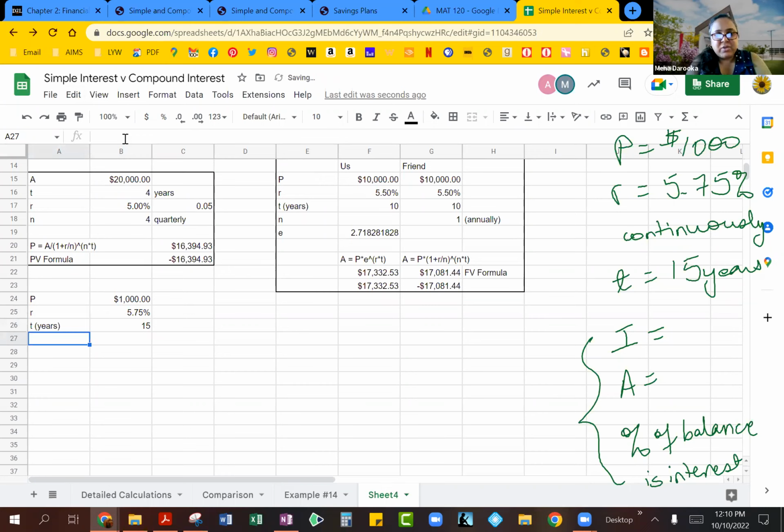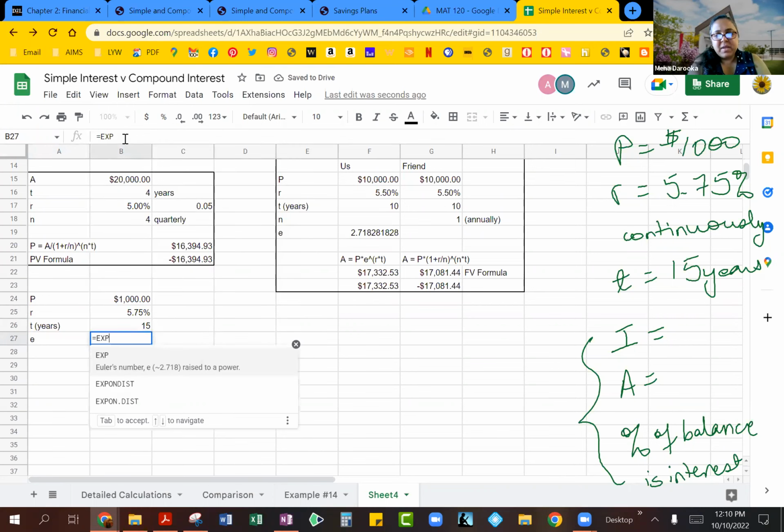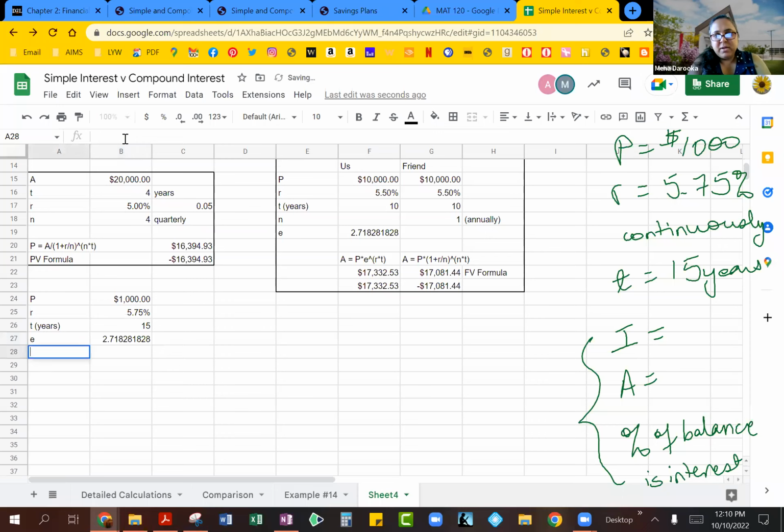So again, Terry, like you were saying, if you wanted to use your E separately, then for your E, you can go ahead and do equal to EXP and then raise it to the first power.